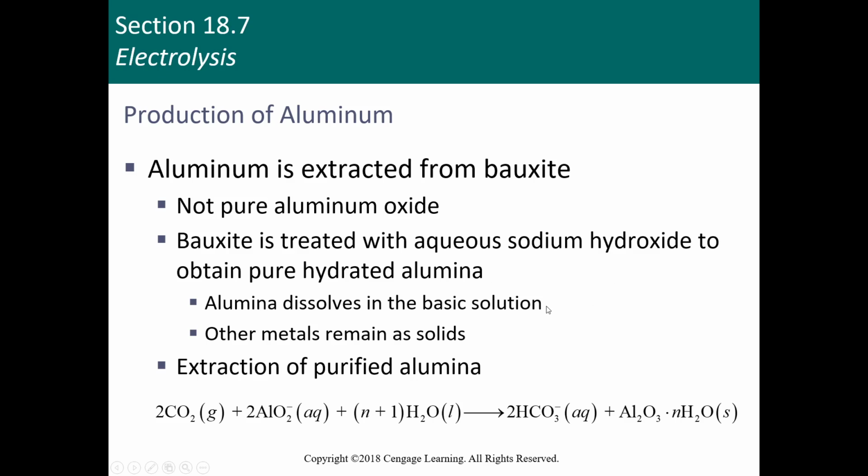Anyways, the alumina dissolves in basic solution. You may have actually done a similar reaction to this. Many people end up doing a similar reaction to this in their labs in General Chemistry 1 or 2. So the other metals will remain as solids and be left behind. The extraction of the purified alumina is this reaction right here. And this right here is your purified alumina.